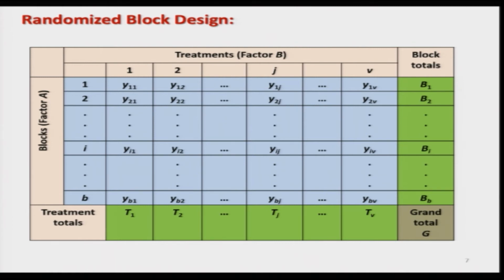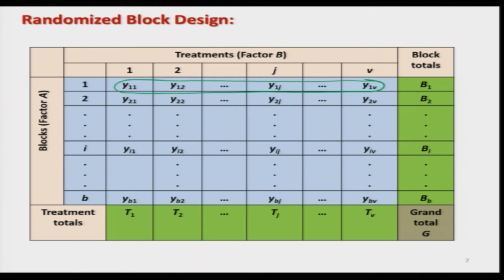You can see that you take these many units inside a block and then you pick up a treatment at random and allocate it to any of the units inside the block, where for the sake of representation I am writing y11, y12, but these are any experimental units which have been selected at random.